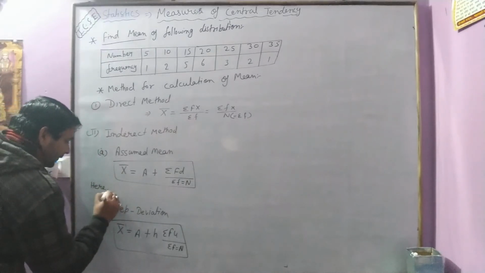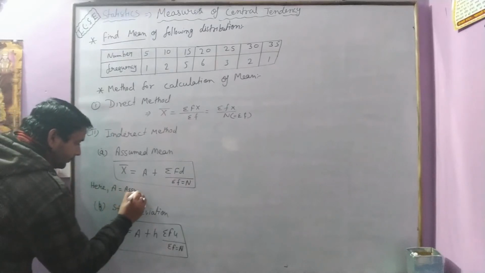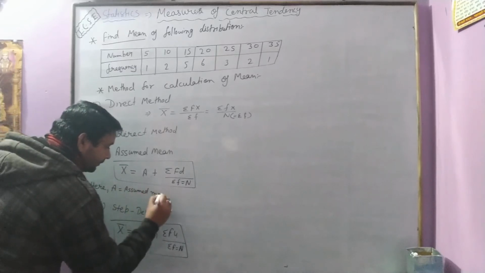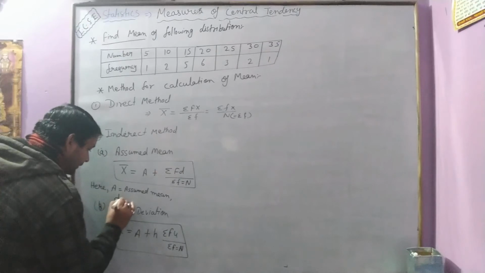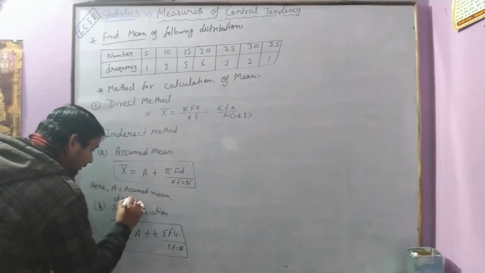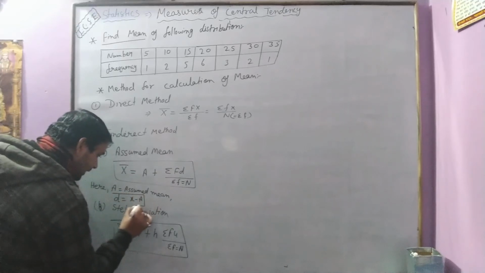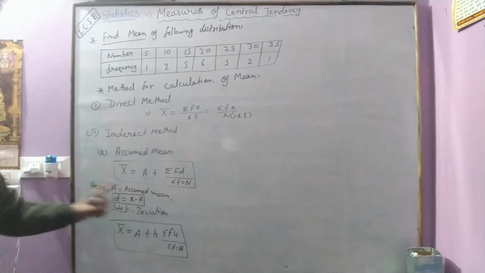Here a is assumed mean, and d is x minus a. This is important, that value of d is x minus a.